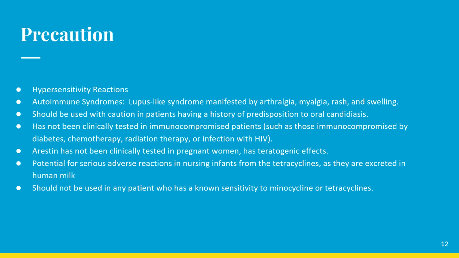Hypersensitivity reactions and autoimmune syndromes, for example, lupus-like syndrome manifested by arthralgia, myalgia, rash, and swelling, have been reported. Arestin should be used with caution in patients having a history of predisposition to oral candidiasis. It has not been clinically tested in immunocompromised patients, such as those immunocompromised by diabetes, chemotherapy, radiation therapy, or infection with HIV.